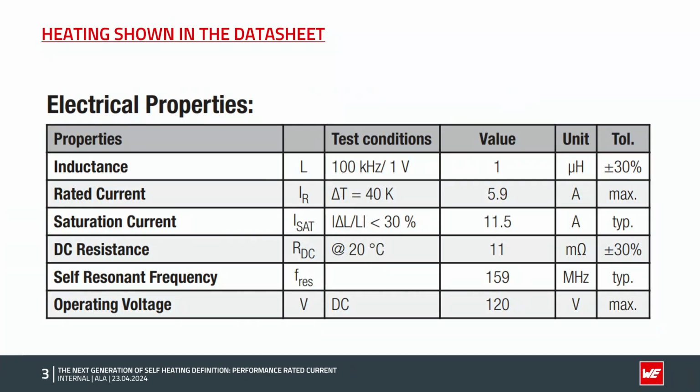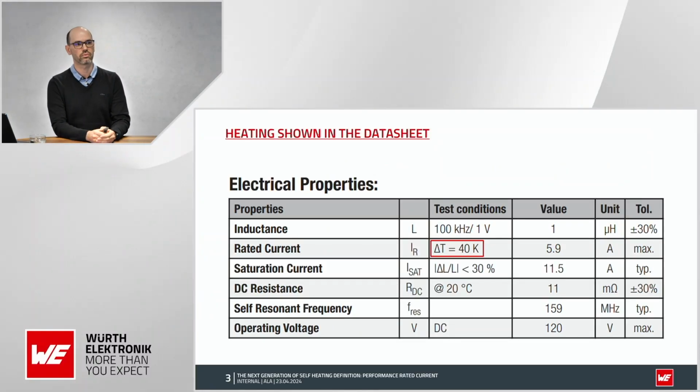And there for sure you can see several kinds of specifications, and one of these specifications is linked to a heat difference. So we have a delta in the temperature, and this delta is here, for example, defined with 40 Kelvin.